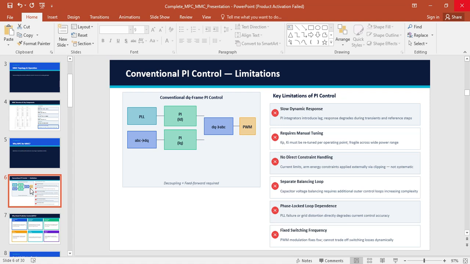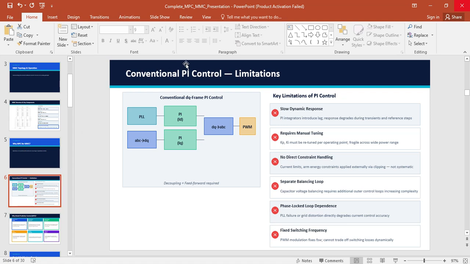So when we talk about conventional PI control, we have decoupling and feed forward, which is required in the conventional control. We have PI control over there, which controls the ID and IQ components for the power control.